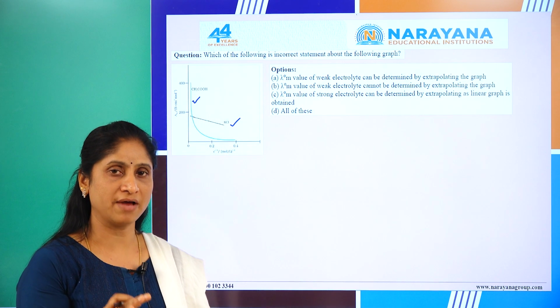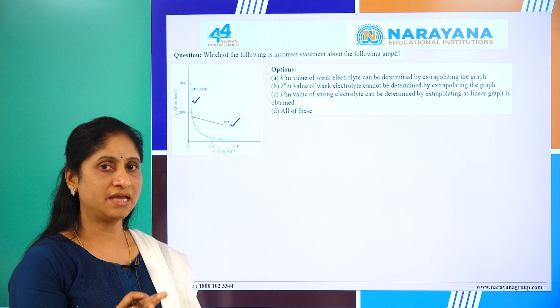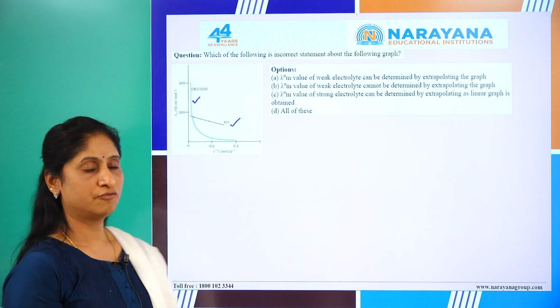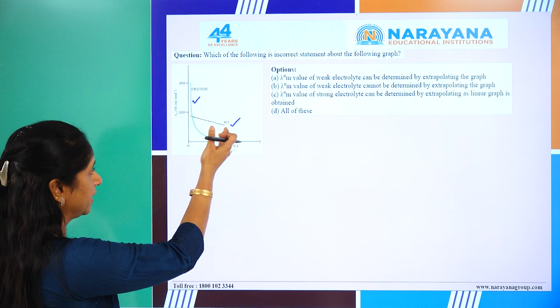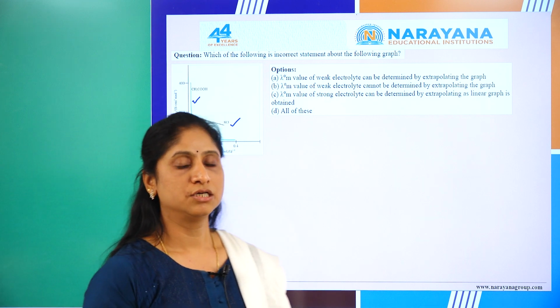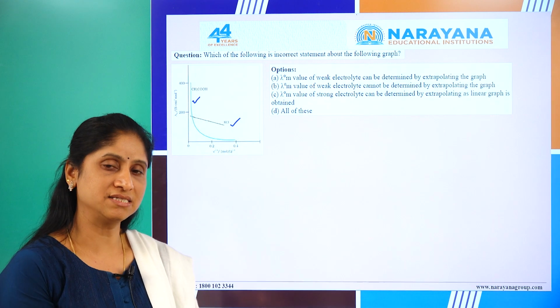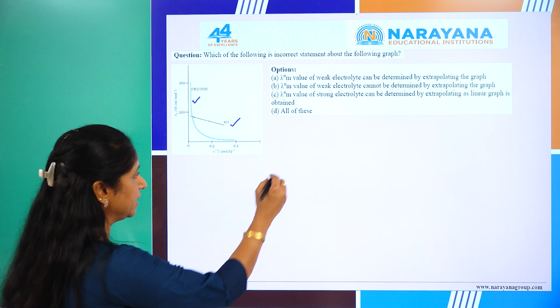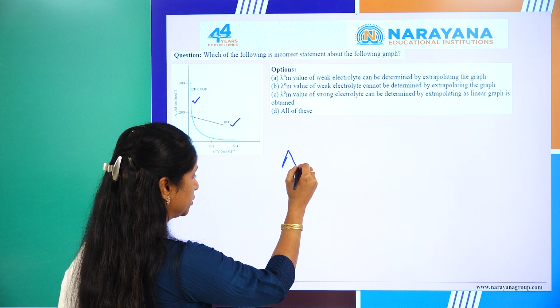Molar and equivalent conductances increase with increase in dilution. For strong electrolytes, molar conductance increases with dilution due to a decrease in inter-ionic forces, and they obey a linear relationship.